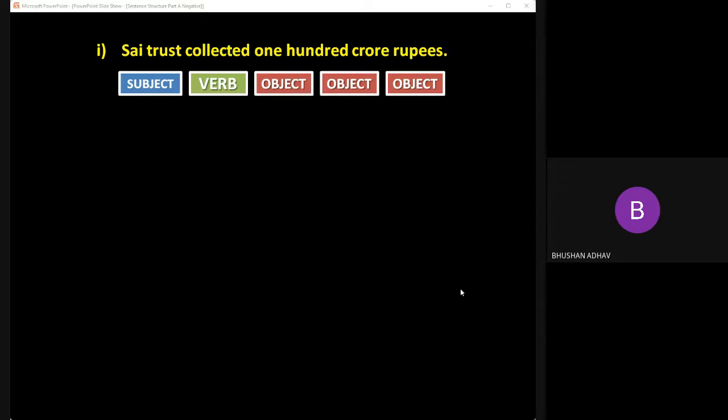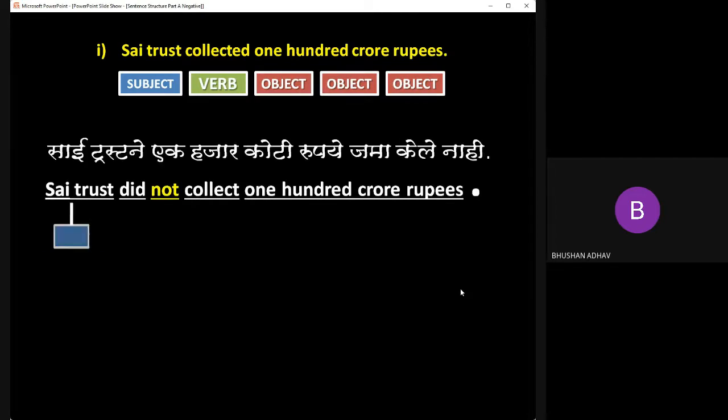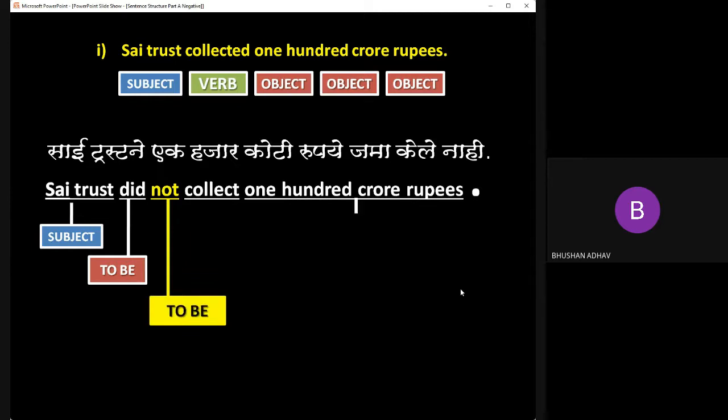Exactly. Sai Trust did not collect. Collect is V4. That is why did not collect. V4 into did not V1.